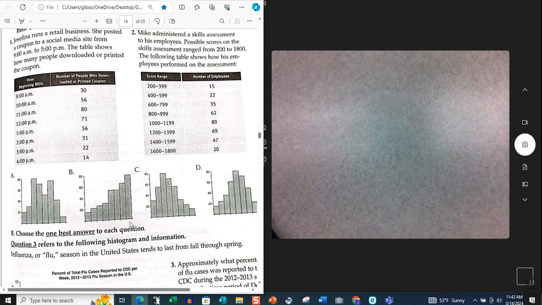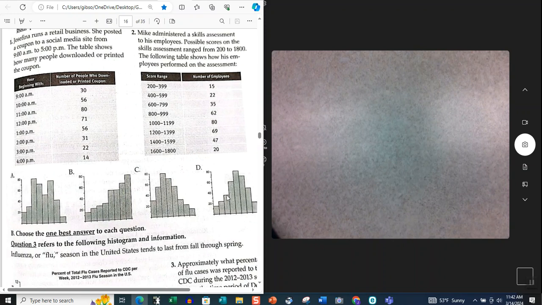For B and D, they look about the same as far as 15. Our next value is 22, which means that the next bar is slightly over 20. Both of them are slightly over 20. The next would be 35, so the third one should be in the middle, actually closer to 40 than it is to 20.